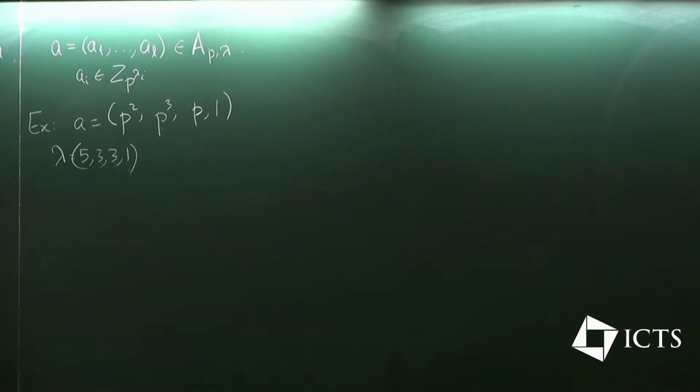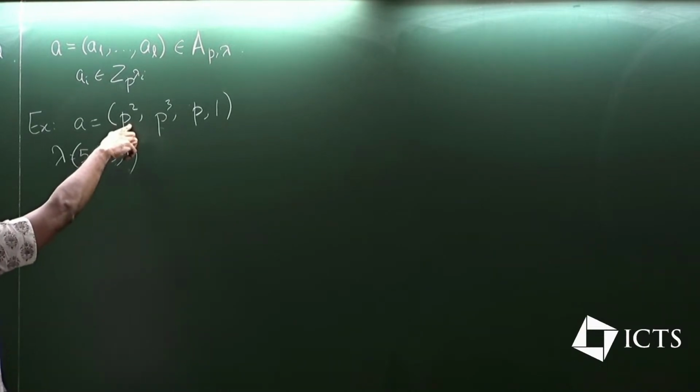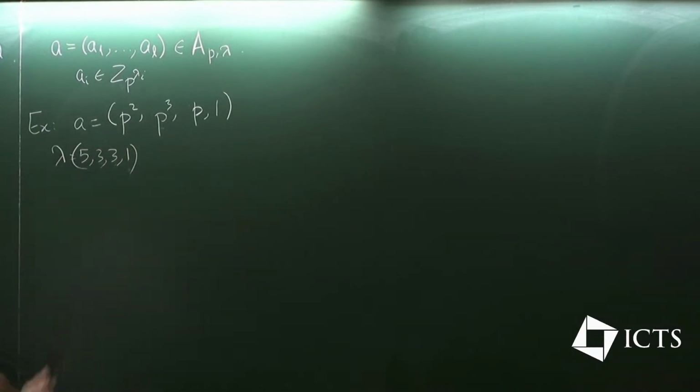And now to each of these elements, I will associate a point in this fundamental poset. So this is p squared inside Z mod p to the 5, so I'm going to put this point.